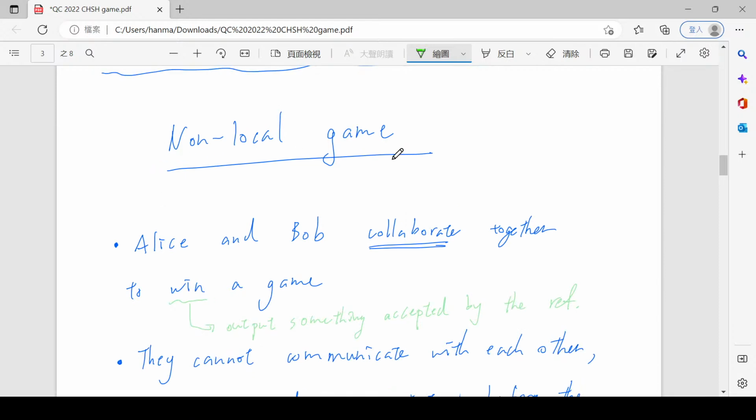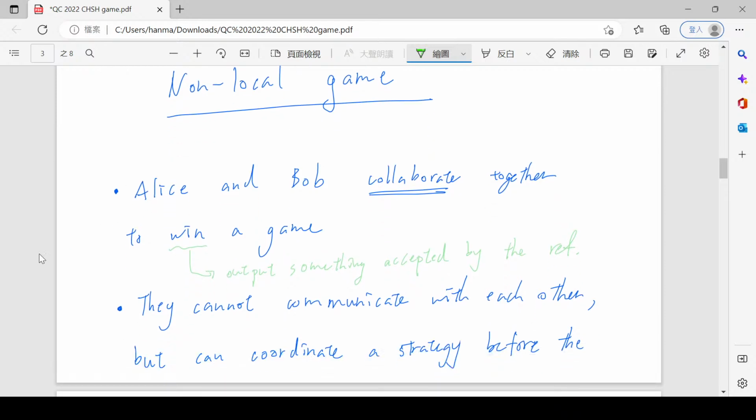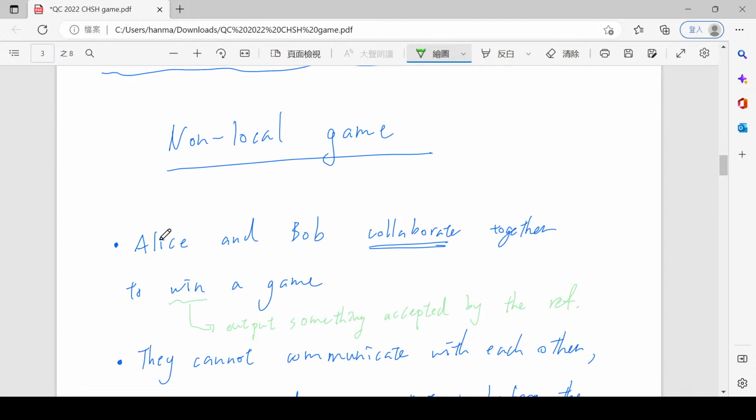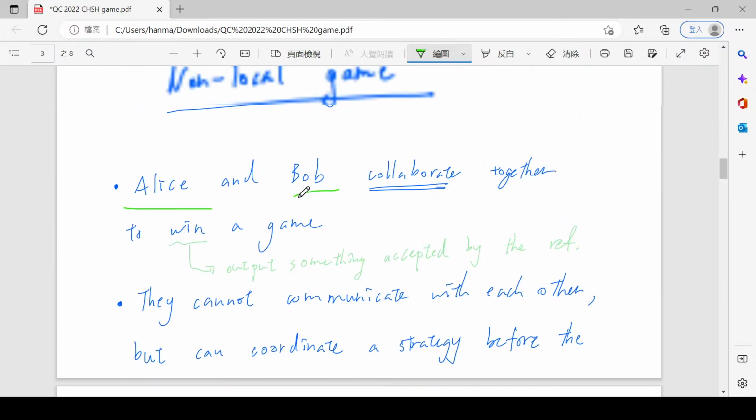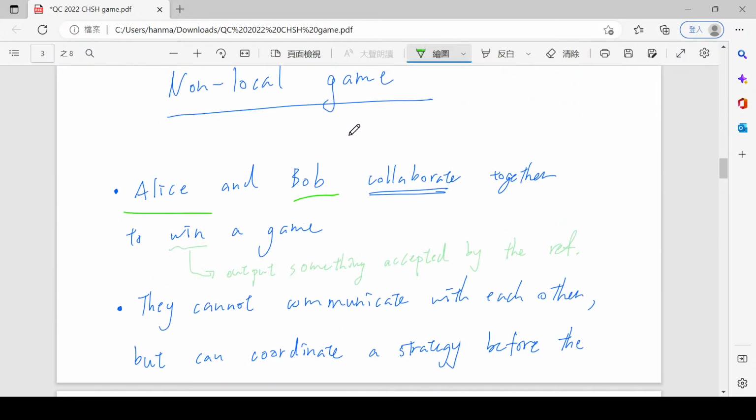There are lots of formulations, but the thing we do here is, I guess there are really 3 players. There is Alice and Bob, and there is a referee. So this referee is not quite a player.